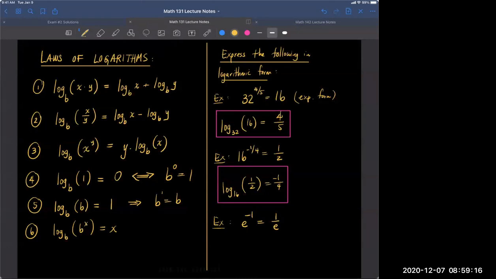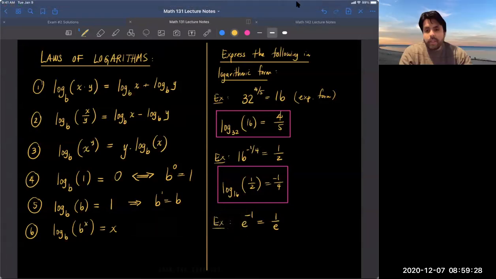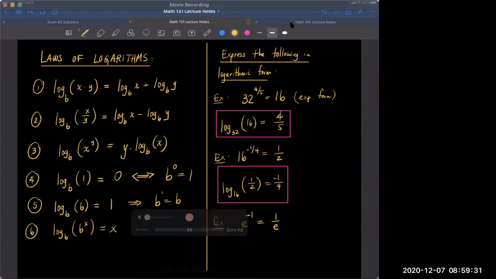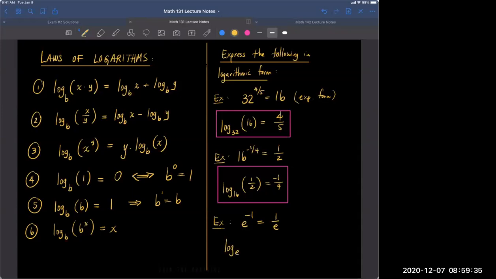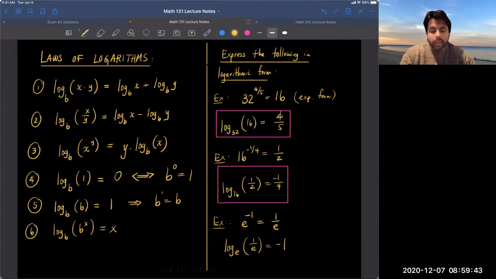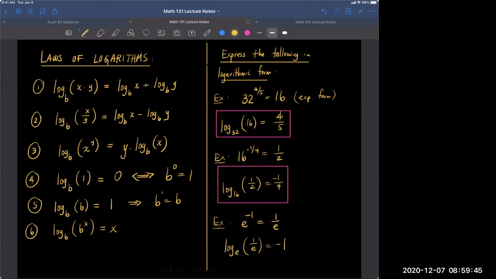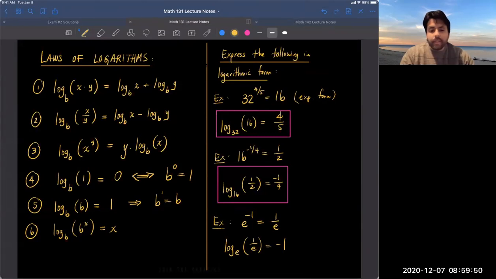I thought log of e was different. I'm not sure. Is it the same format as before? Yeah, the format doesn't change. So then there would be log base e of 1 over e equals negative 1. Negative 1, yes.